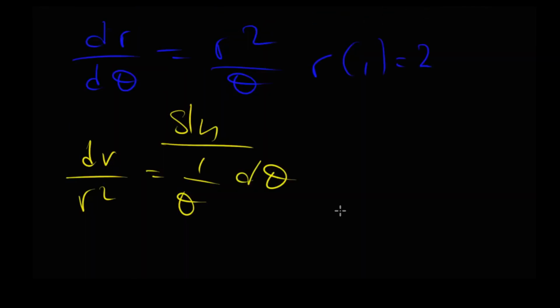Wait, why 1 over theta and not just theta? Because this is the same as r squared times 1 over theta. This is multiplication. Yeah. So if you take this, then you have this.